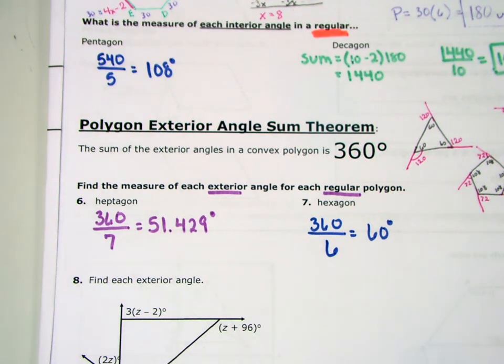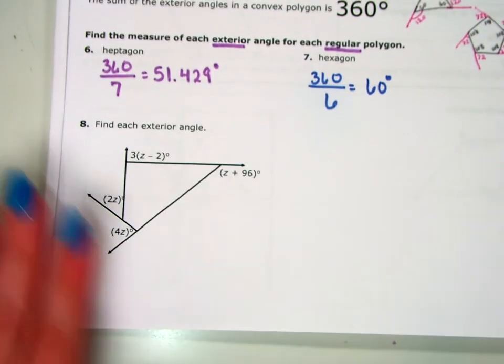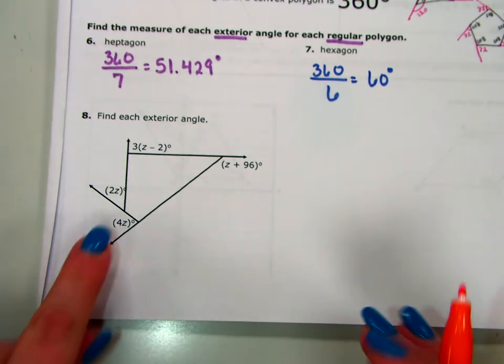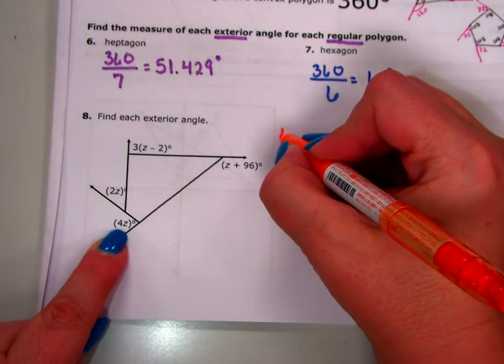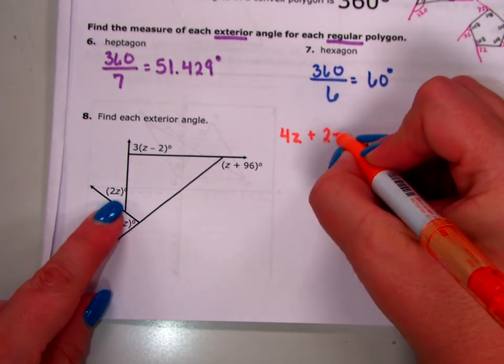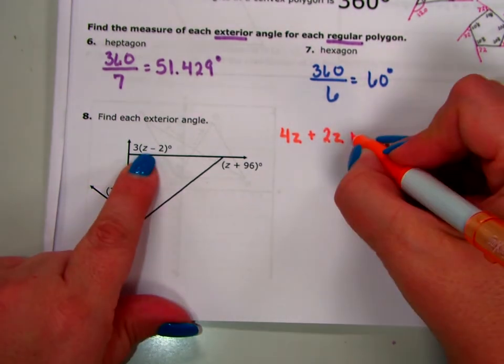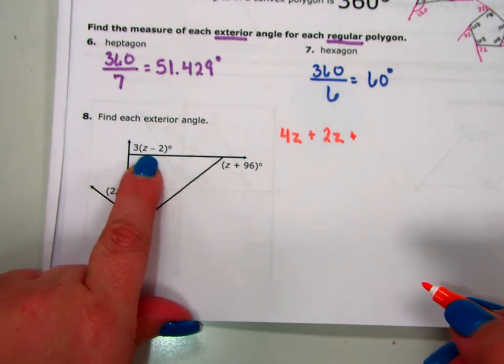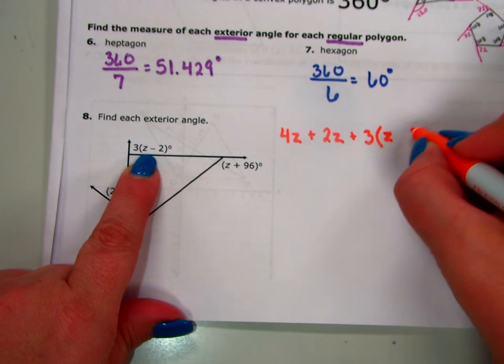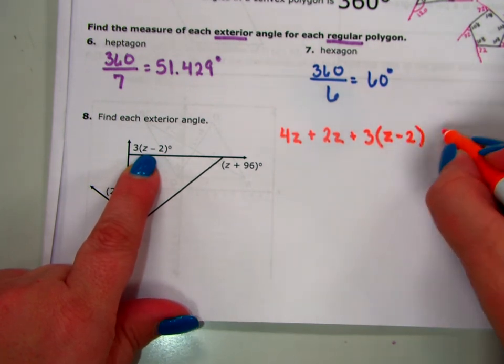All right, last one. Find each exterior angle. What do I know all the angles add up to? 360. I didn't even have to count the sides because it's always 360. So I'm just going to take all those angles, the 4z plus the 2z plus, I can't drop those parentheses like I did the other ones because I'm going to have to distribute that 3. So unless you distribute it while you write it down.